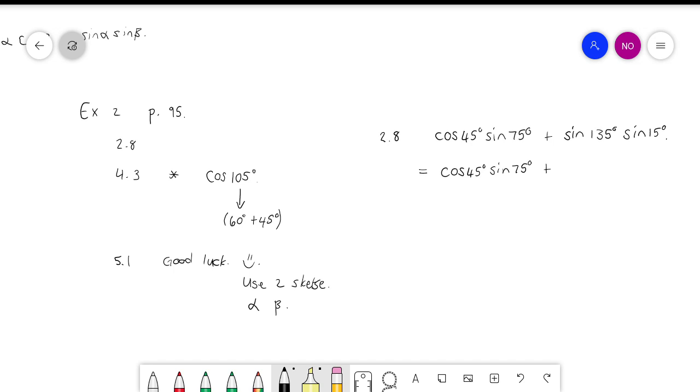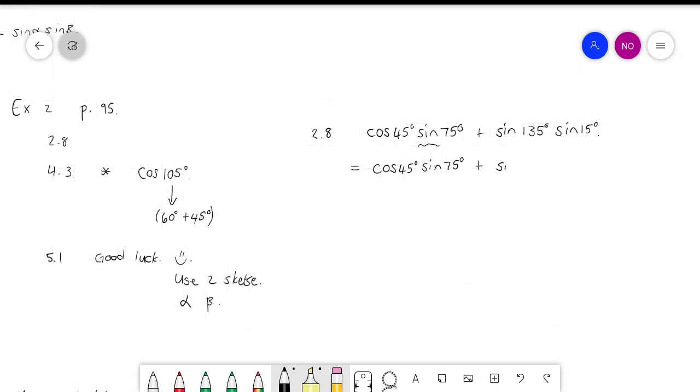I have cos, cos, sine, sine. And I have cos, sine, sine, cos. But I don't have one that goes cos, sine, sine, sine. So I'm going to change this one in the next step, not right now. I'm going to write this as sine of 180 degrees minus 45 times sine of 15.